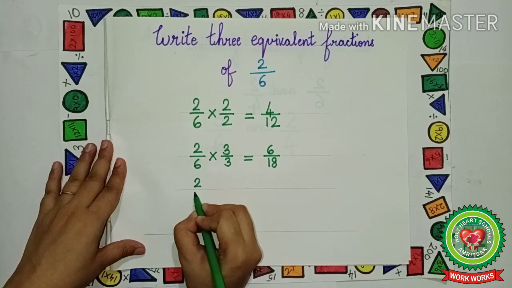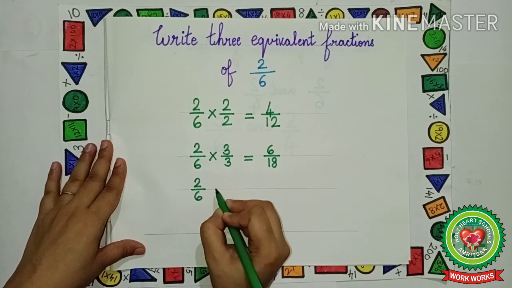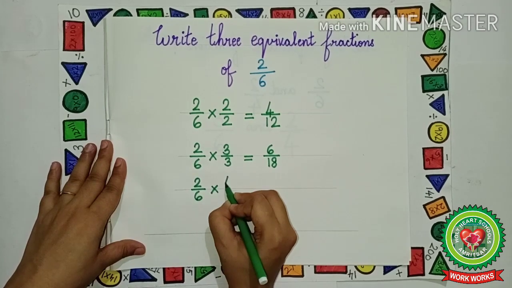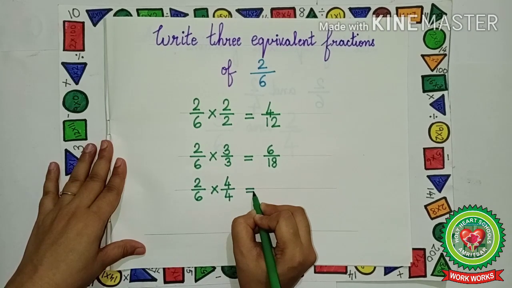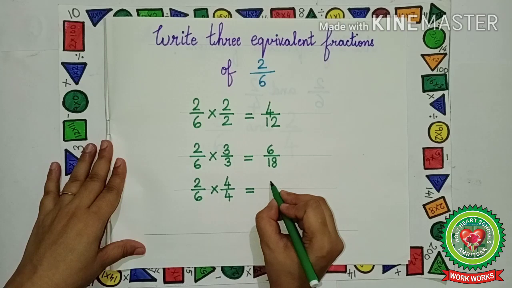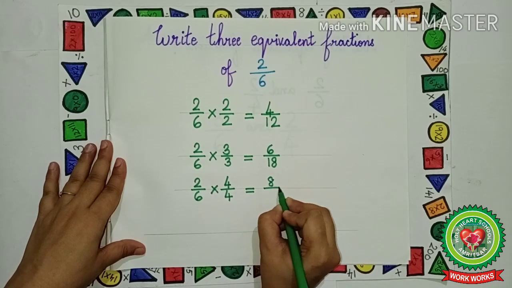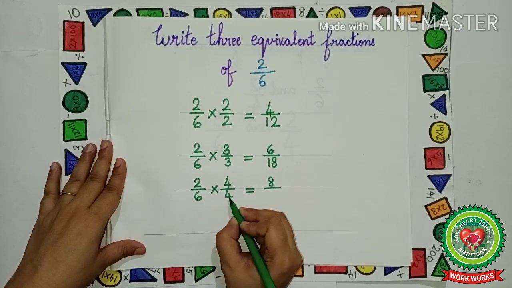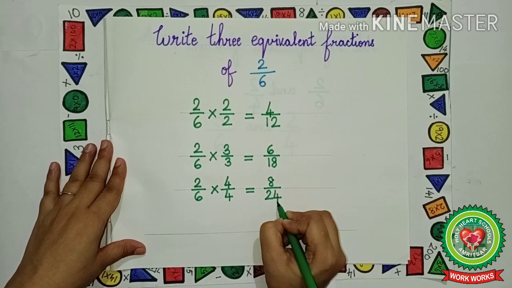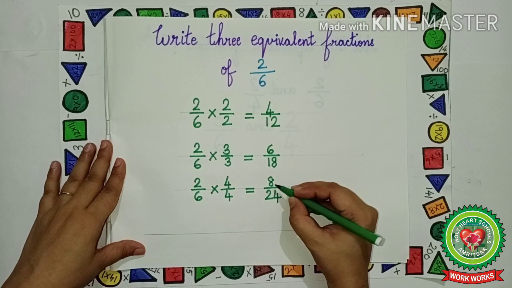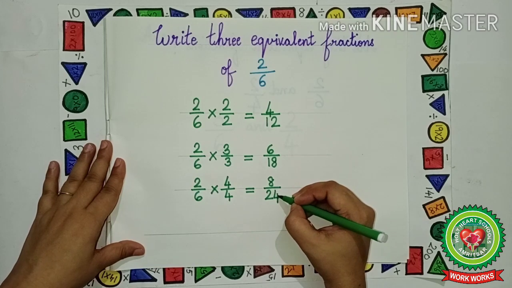Now 2 upon 6 multiplied by 4 upon 4. 2 4s are 8, 6 4s are 24. So we have got the third fraction, that is 8 upon 24.